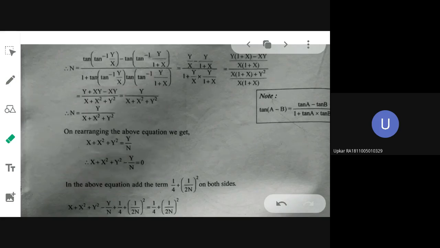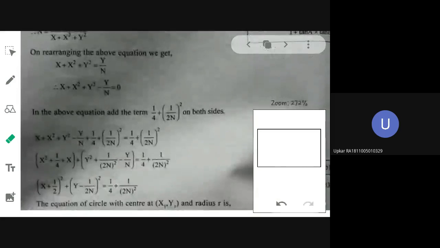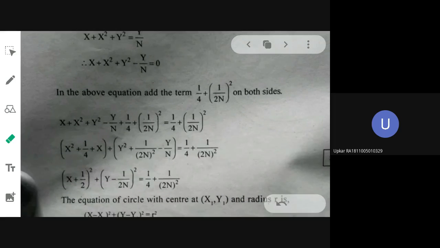Again you have to add some terms to prove that they are in the shape of a circle. So what terms have they added to either side? They have added 1 by 4 plus 1 by 2n the whole square to this side, and to this side they have added that term.